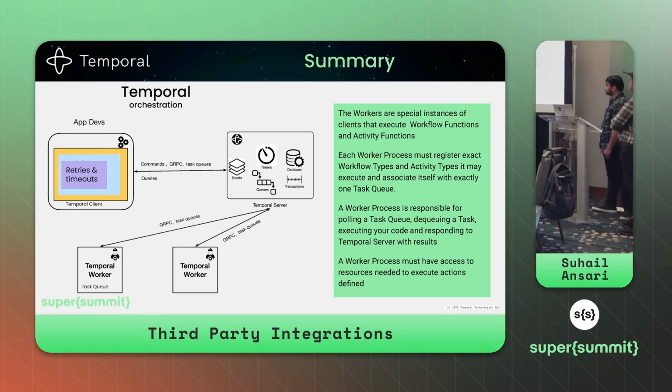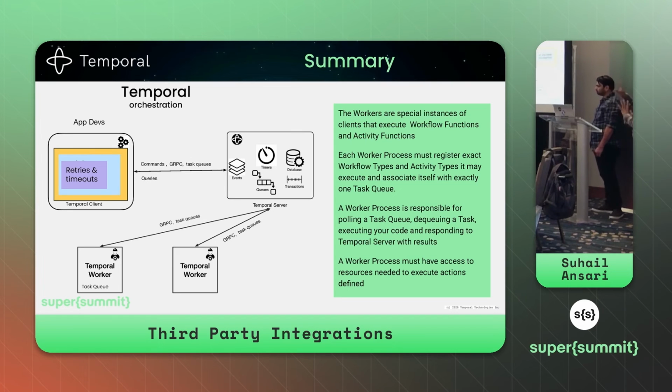Once the tasks are executed, they send the results back to the temporal server. The only thing that's required or recommended is that a workflow process has all the access that it needs, like access to external APIs, access to any tokens required to make those calls, or access to Auth0 to make sure that it can authenticate.